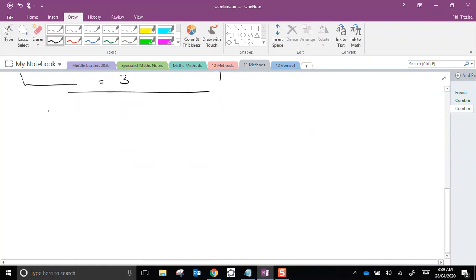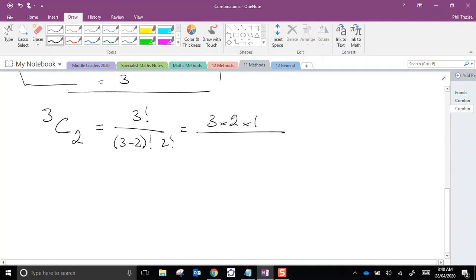Let's try 3C2. So that's 3 factorial, that's the number n from the top. Then I have 3 take 2 factorial by 2 factorial. So remember, n is the number at the top, r is the number at the bottom. So again, the numerator is 3 by 2 by 1.